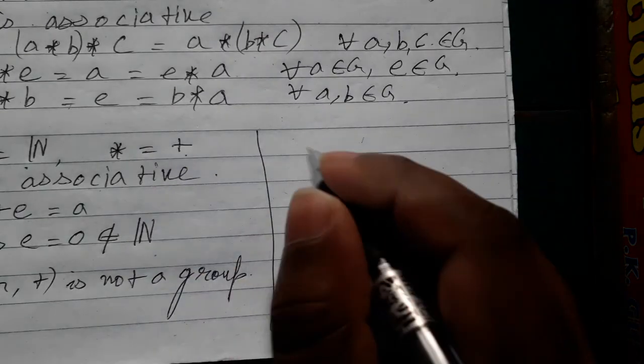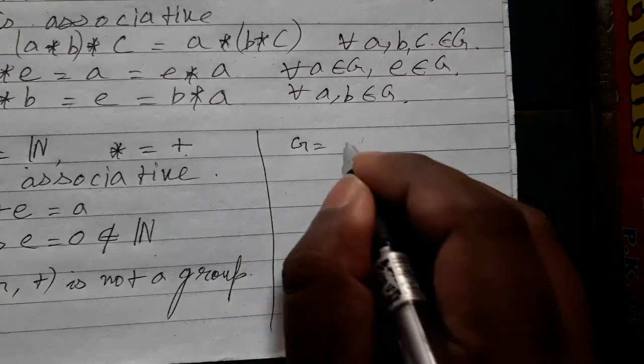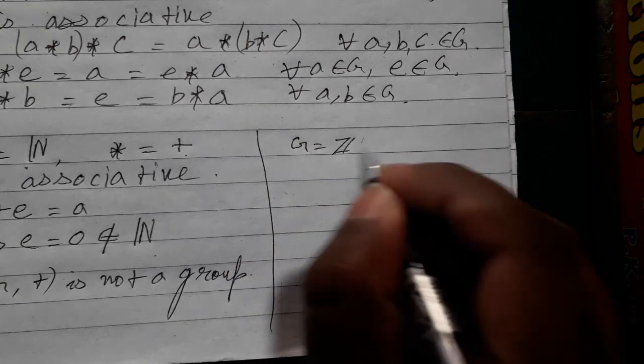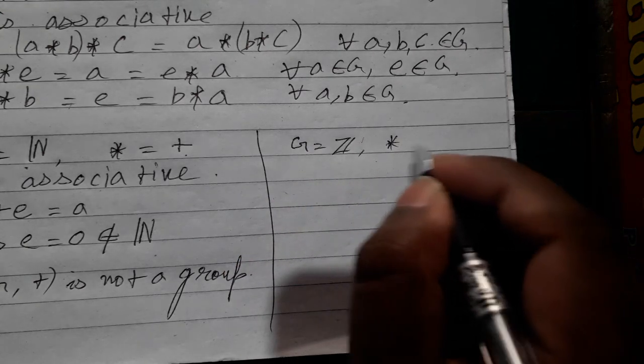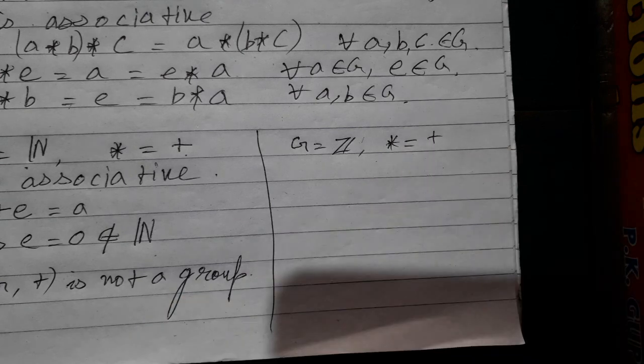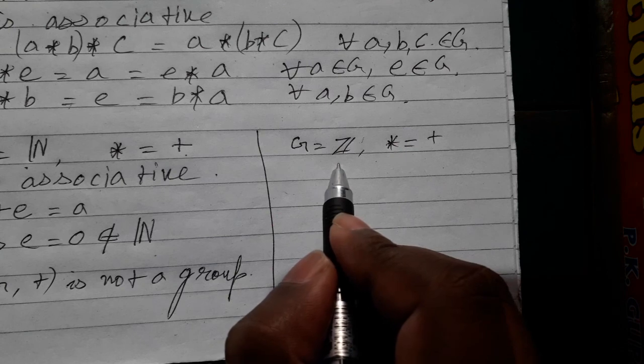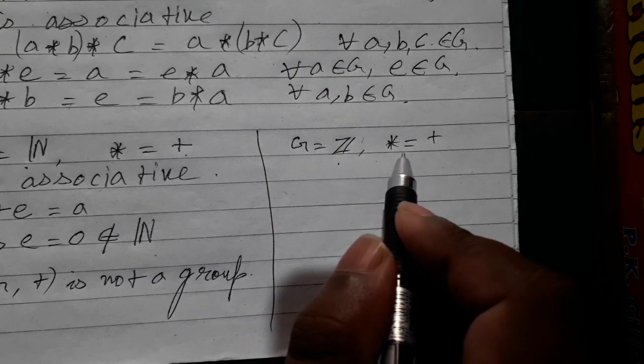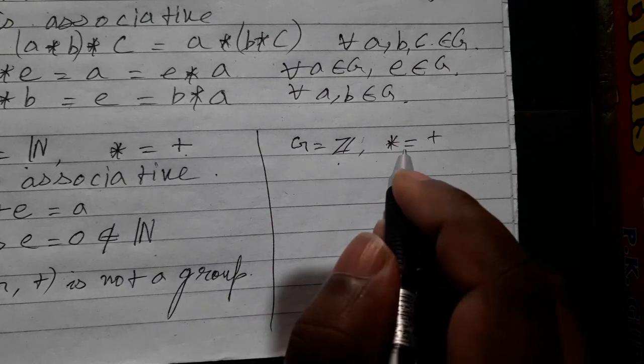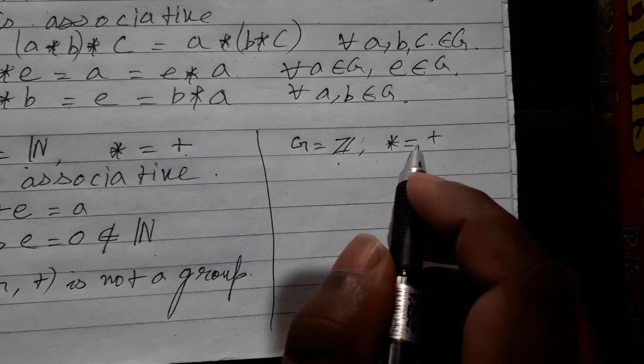Next, I'll take another set, G equal to the integers, with the operation as plus. The integers are non-empty, and addition of two integers is always an integer.